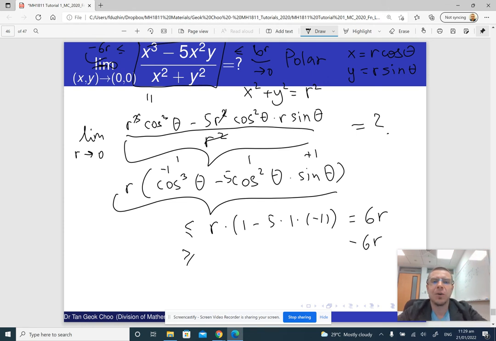Whenever you see x squared plus y squared, it's a reasonable thing to try polar coordinates. And once we introduce polar coordinates, we see that a trigonometric function appears there. And whenever you see trigonometry in your expression, it's a very reasonable thing to try using squeeze theorem.